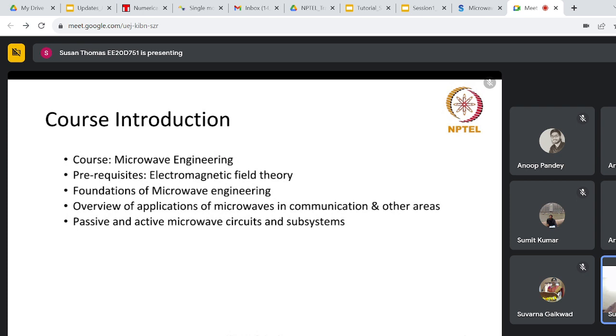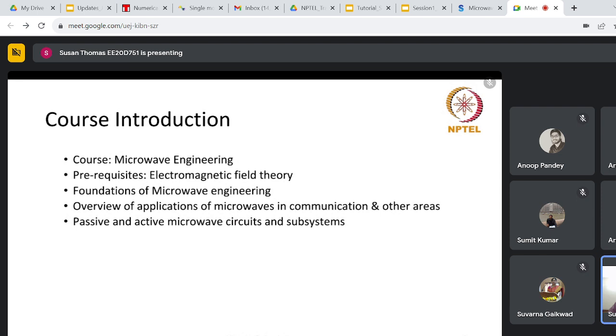In addition, we will learn some of the applications of microwaves in communication and other areas. At the same time, there are some basic circuits and subsystems, both passive and active microwave circuits, which we will come across towards the end of this course.